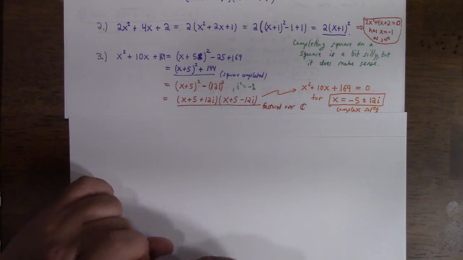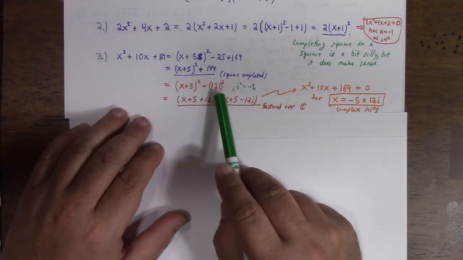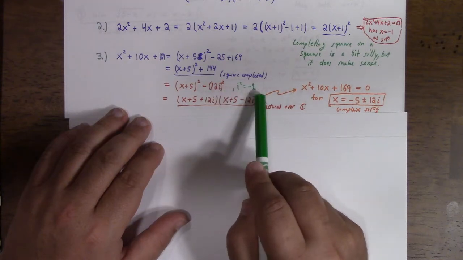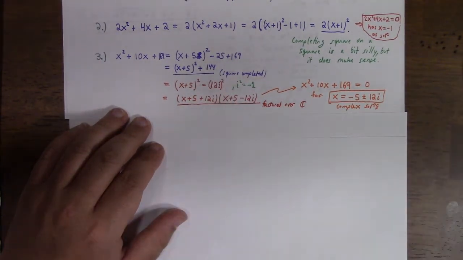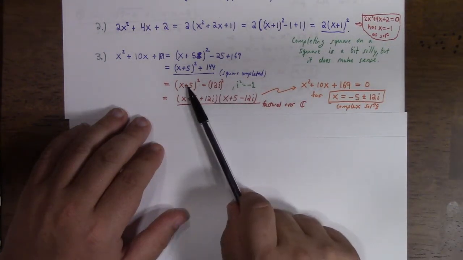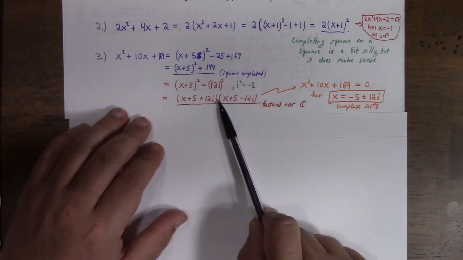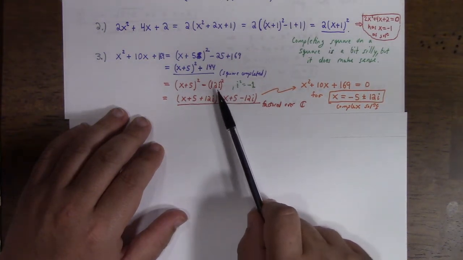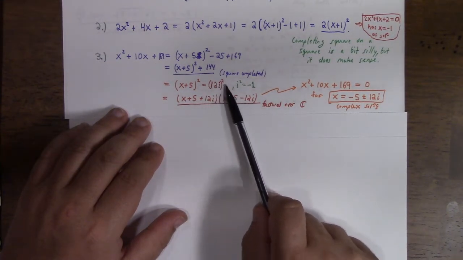So by definition, that's minus 1. So if you multiply this out, you get 144 times i squared, which is 144 times minus 1, times that minus gives me the plus 144. But anyway, the larger point here is that this is the difference of squares. So again, I can do x plus 5 plus 12i times x plus 5 minus 12i, thinking of that as being my b squared.